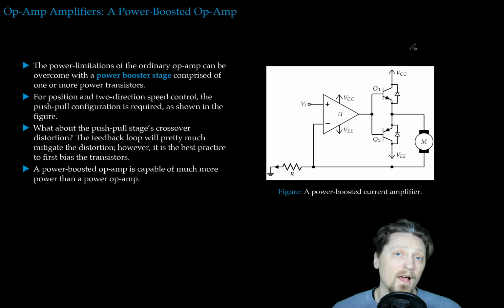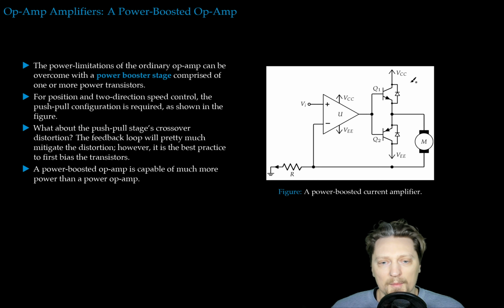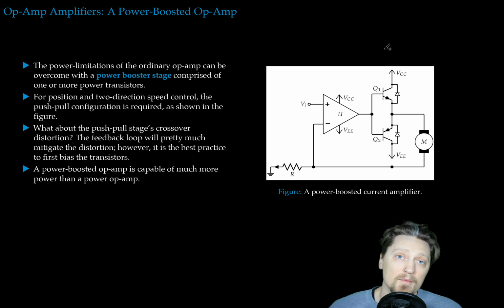But now that we have feedback, we'll pretty much have that crossover distortion fixed for us. That said, it is still best to bias these transistors before relying on feedback. A power-boosted op-amp is capable of much more power than a power op-amp. So in higher powered motor applications, we'll almost always use this instead of a power op-amp.